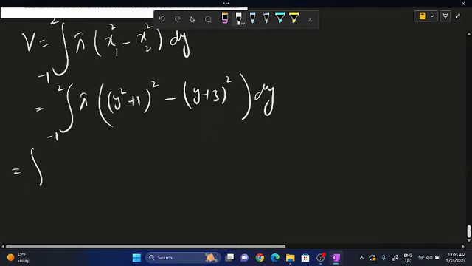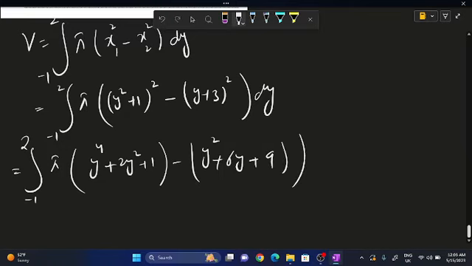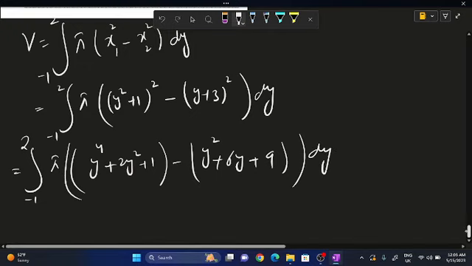Do the simplification. -1 to 2 pi times y raised to the power 4 plus 2y square plus 1 minus y square plus 6y plus 9, and integration over dy. Right? Now do the simplification.